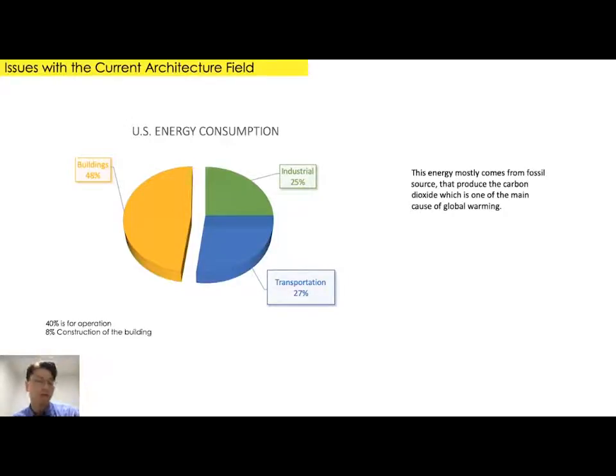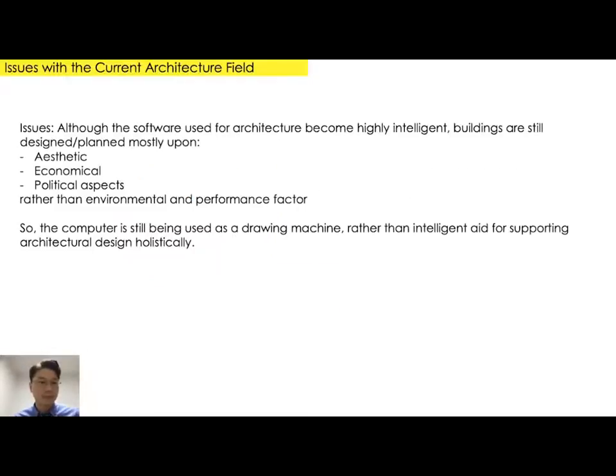Almost half of the energy consumption goes to buildings, so we need to design better. There are a lot of issues in the architecture field, and I just want to try to make better buildings in terms of performance, not only by aesthetics and economic and political aspects, right?